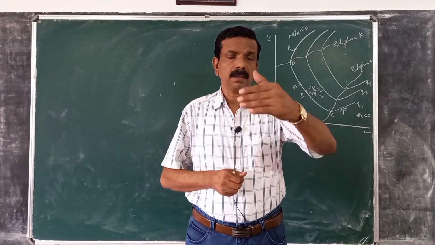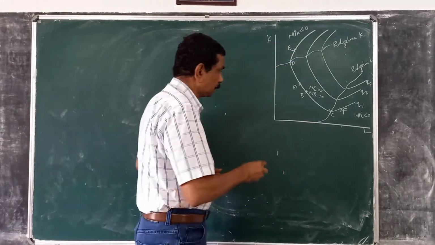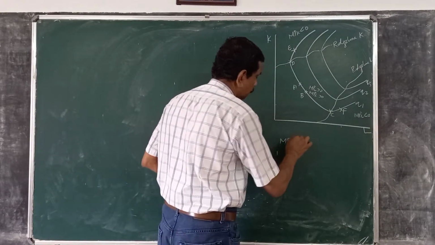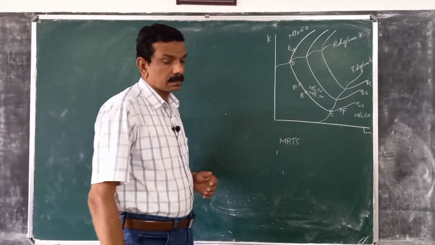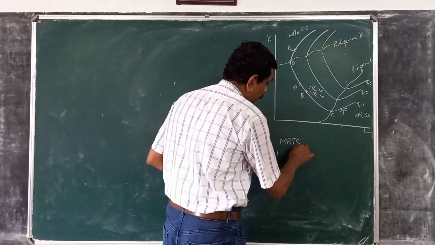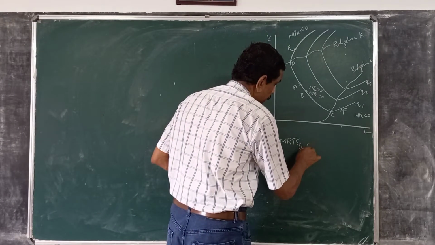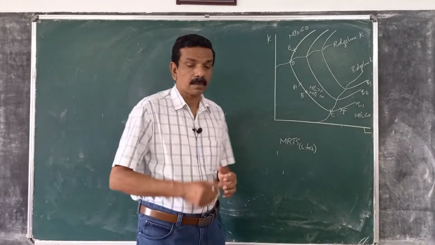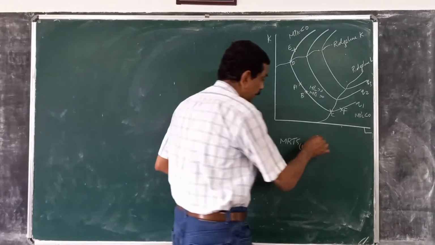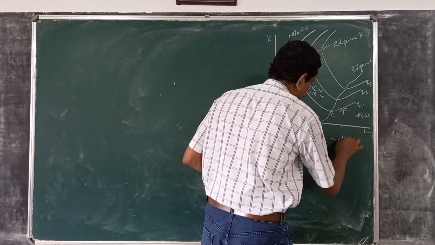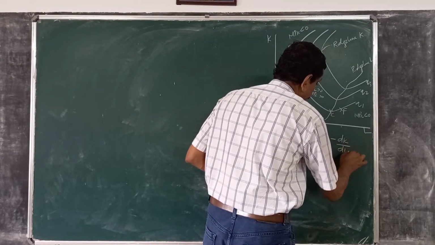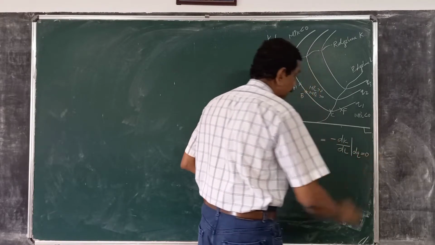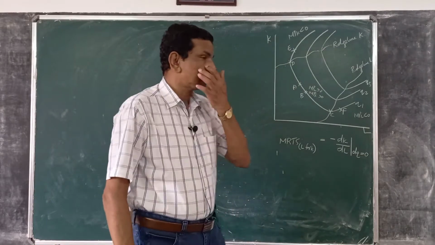And the marginal rate of technical substitution, MRTS L for K, is the negative of the slope of the isoquant.